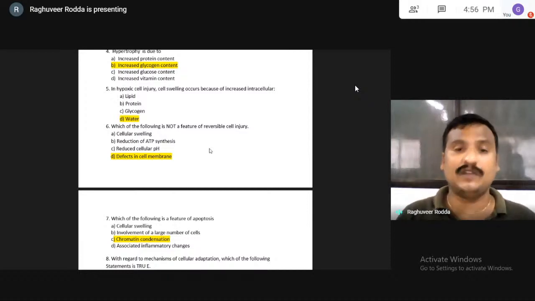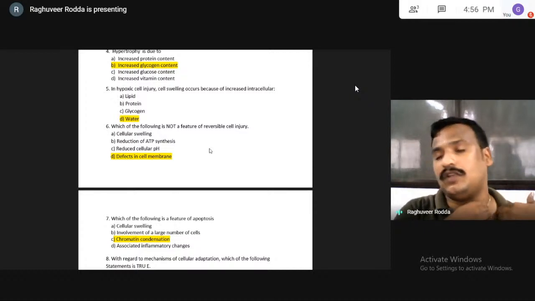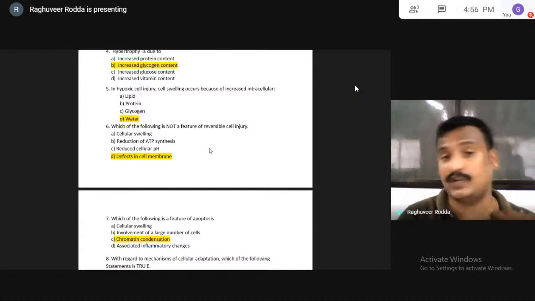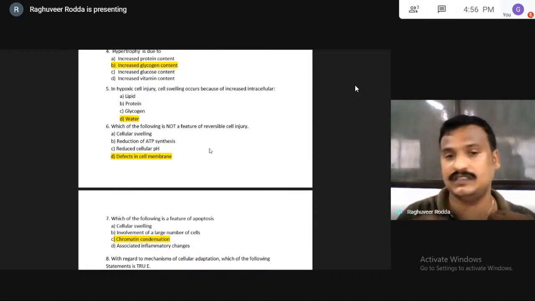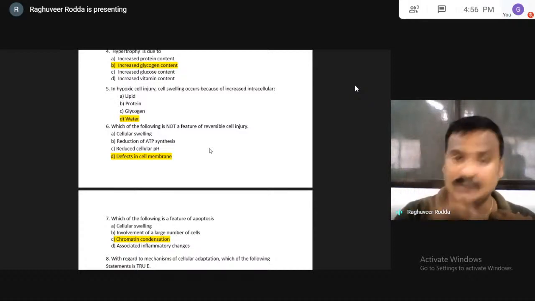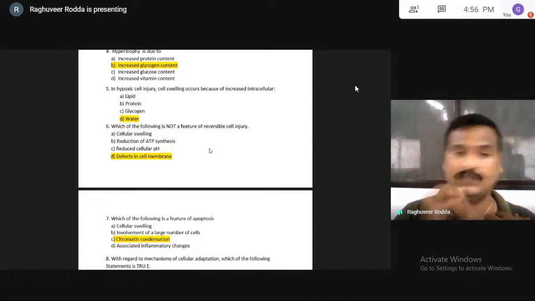That is because of impairment of the pumps which exchange sodium and potassium, and reduction of ATP synthesis. Reduction of ATP synthesis is the first step, a basic mechanism, in the reversible cell injury condition. And reduced cellular pH.